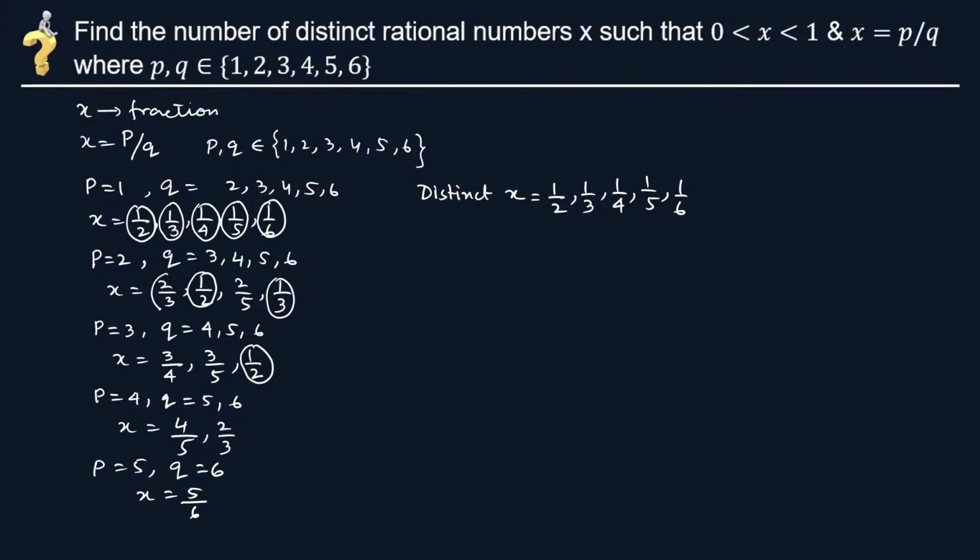Now we are having 2/3. 2/3 is there. 2/3 is here also. So one time 2/3 I will take. Then we are having 2/5. So 2/5 is again distinct. 3/4, we are not getting anywhere else.